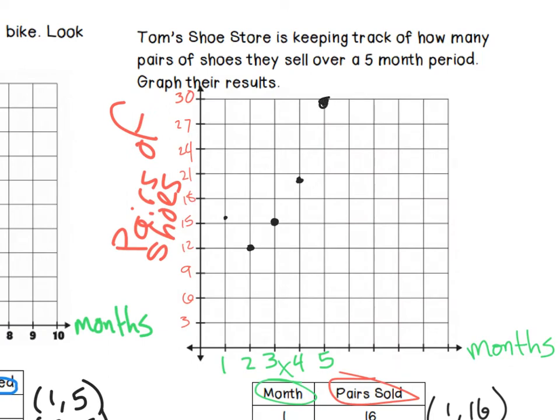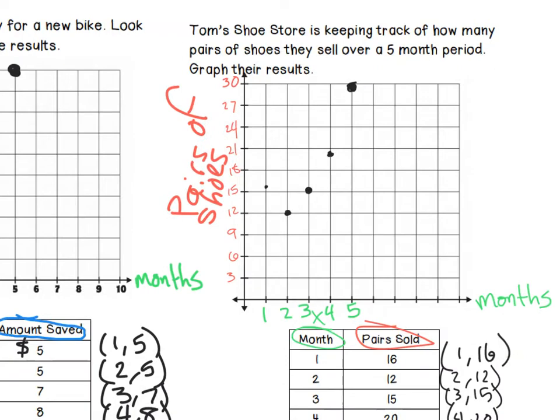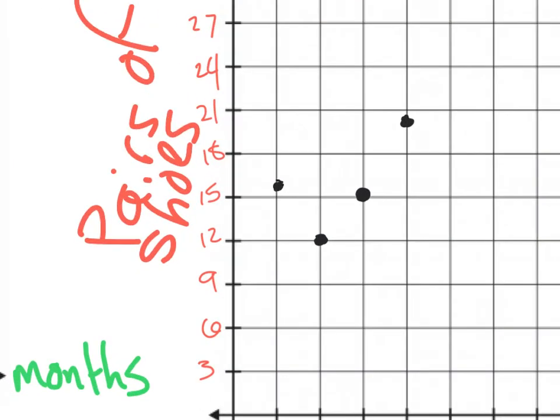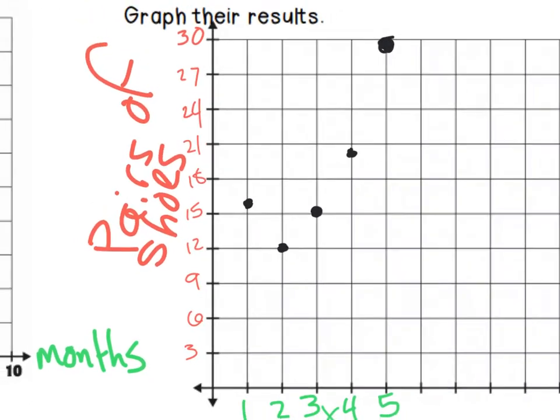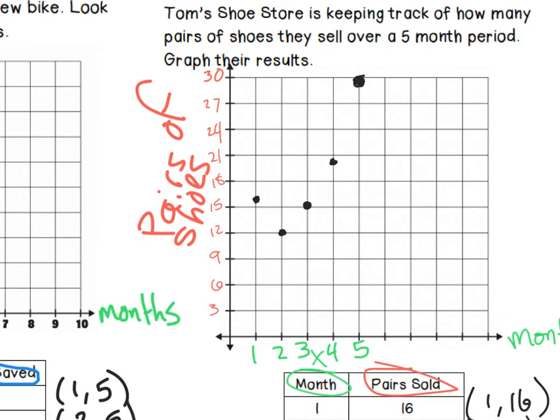All right, so this data right here that we see, these coordinate points, represents information. It represents the information of how many shoes were sold. So the coordinate point 5, 30 is telling us that after 5 months, 30 pairs of shoes were sold.